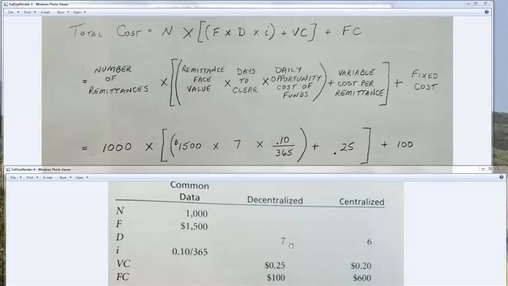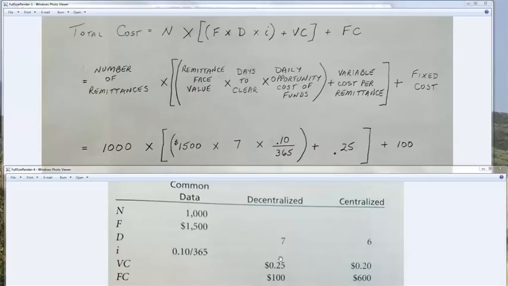In a decentralized system, it's expected to take 7 days to clear, so we drop that into the formula as well. And in this example, the relevant cost of funds is 10%, so we'll put that over here and divide it by 365 to get the daily opportunity cost of funds.